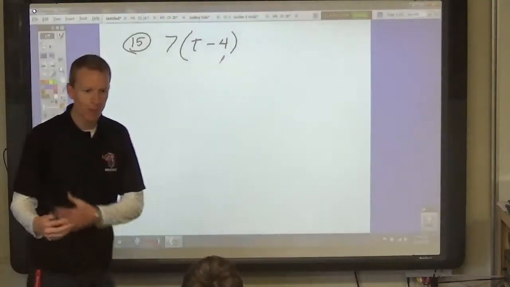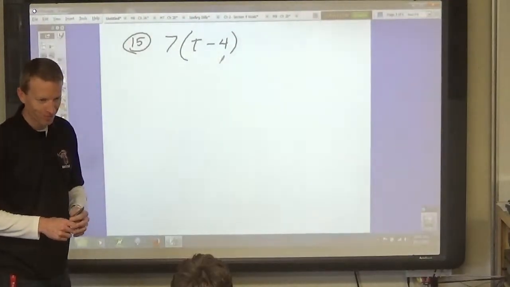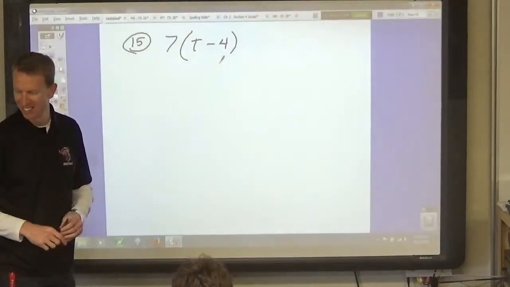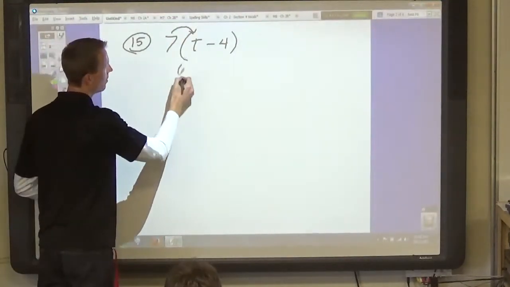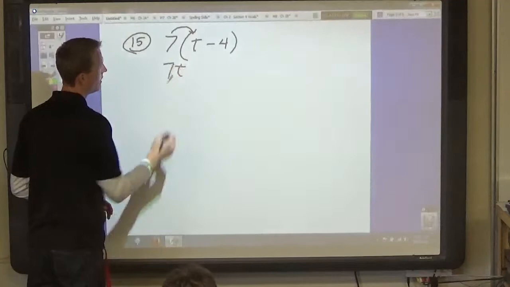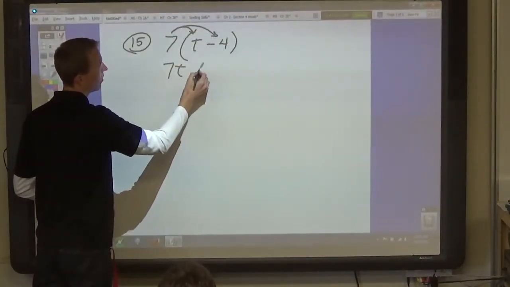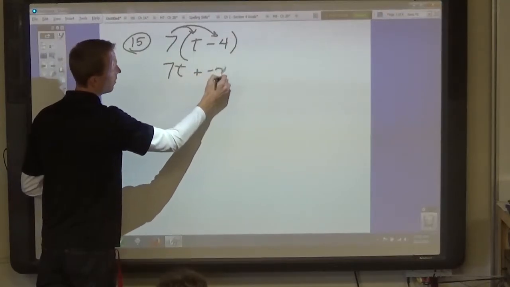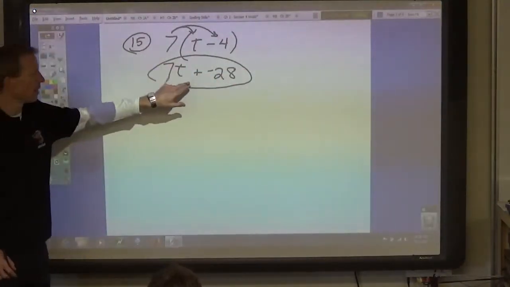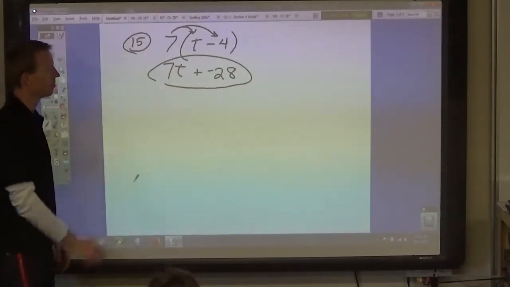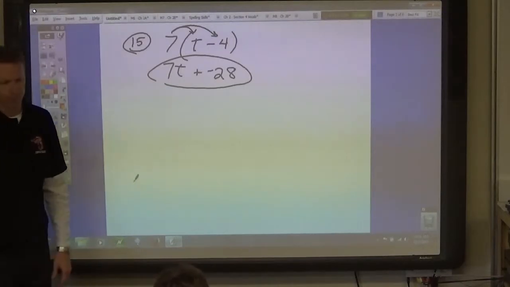Copy the problem, Dylan. Draw an arrow to t. This means 7t. Draw an arrow to -4. This means circle it, right? Make sure you write it underneath it. Circle it, okay? Draw an arrow to both.